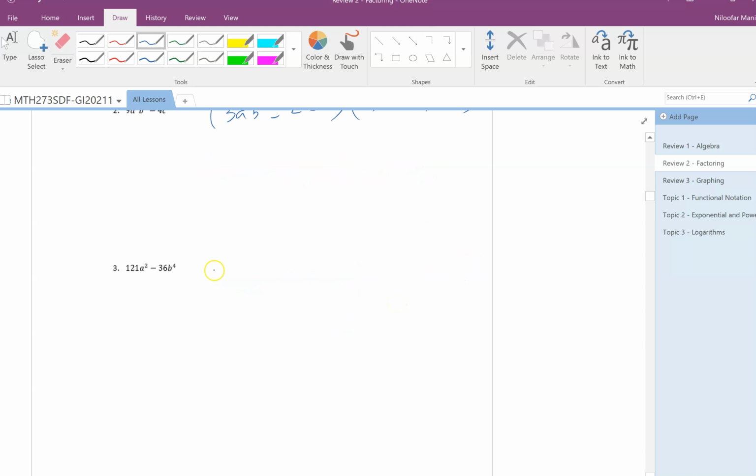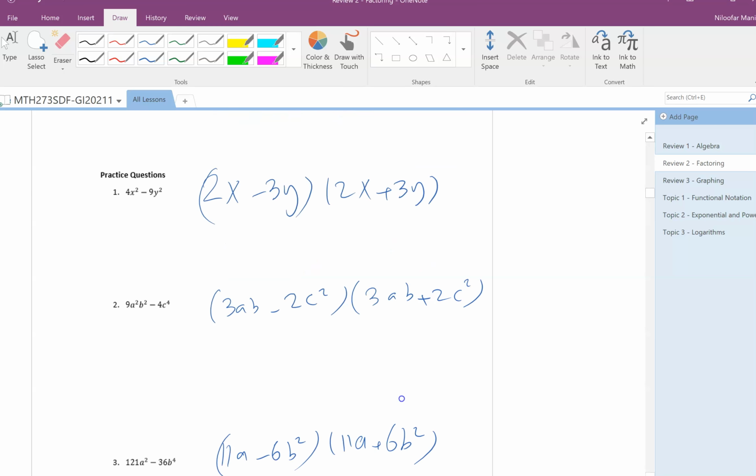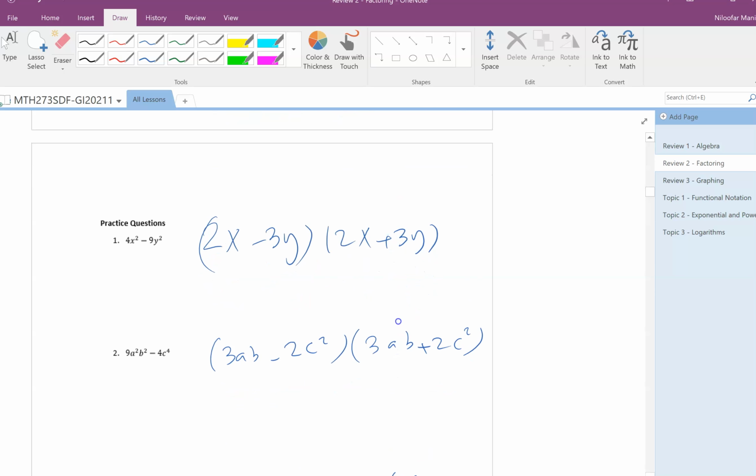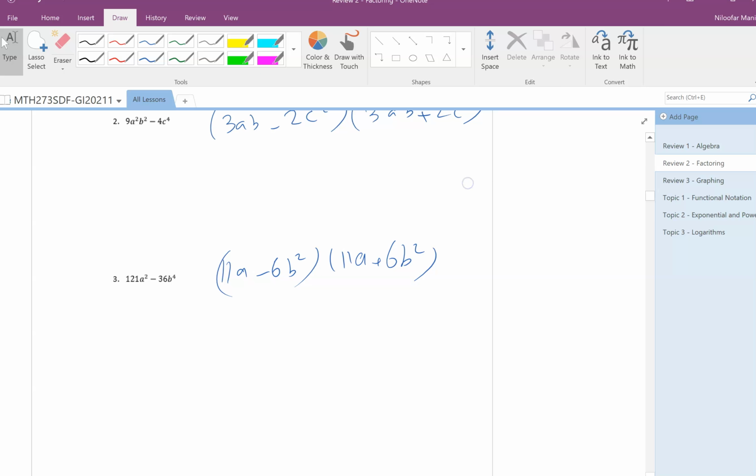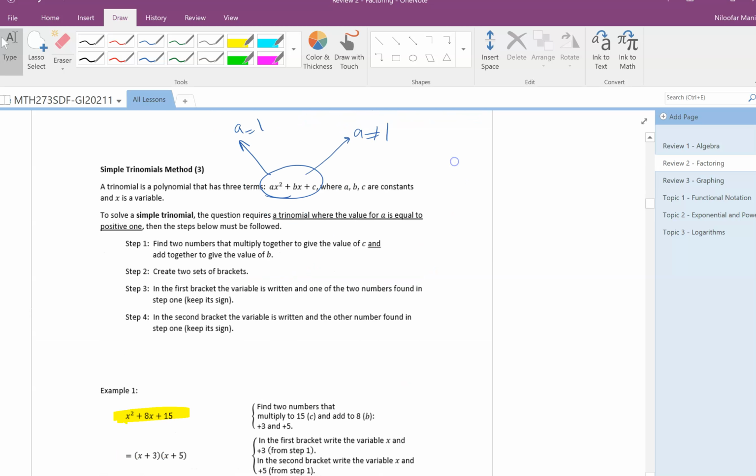This is 11a minus 6b squared multiplied by 11a plus 6b squared. Right? Yeah, so far so good. We can't continue here.